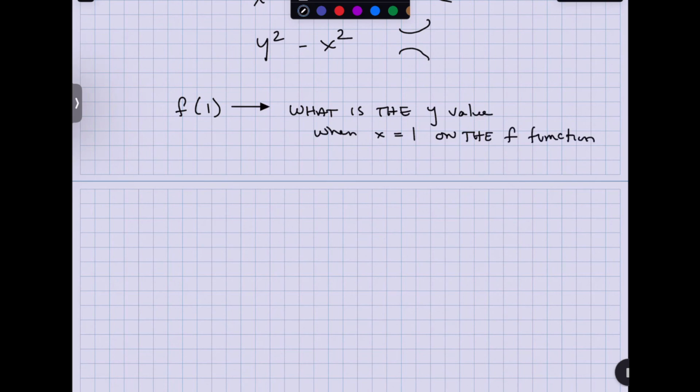So if you look on the graph, the f is a line, yes? Okay. So what is the y value when the x value is 1? -2. Great. G of 1.